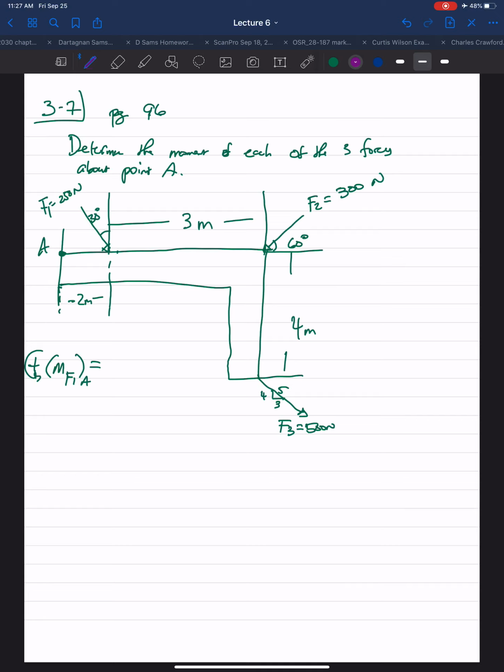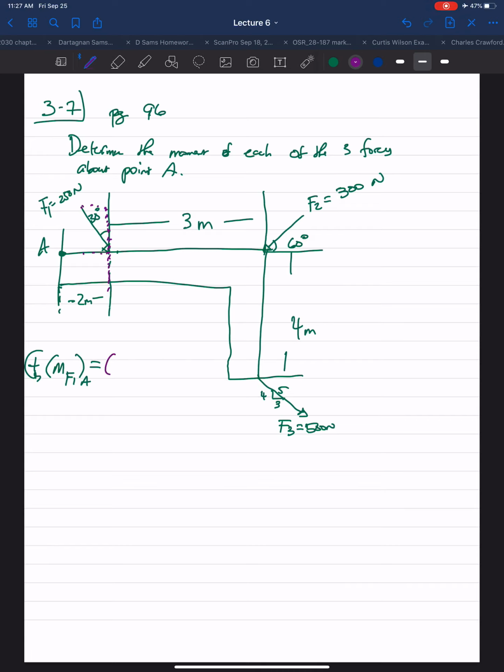The horizontal component, the line of action of that component goes through point A, so that it causes no rotation. The vertical component, there is a perpendicular distance between that and point A, so it causes a rotation. So let's take the vertical component, which in this case would be the A leg. So it's cosine of 30.